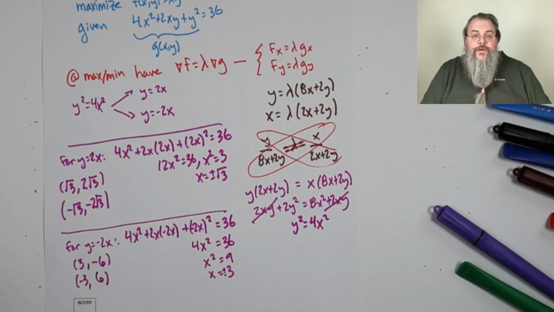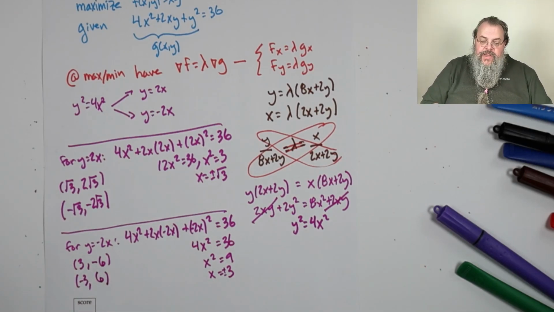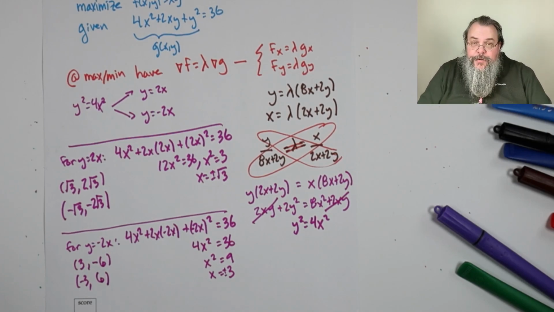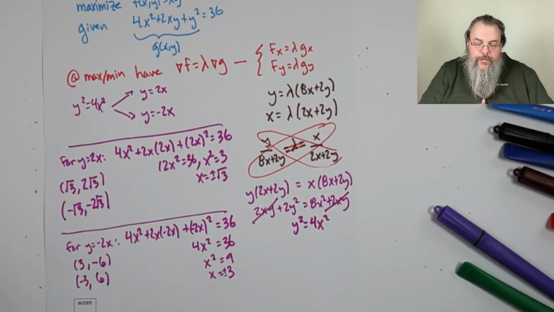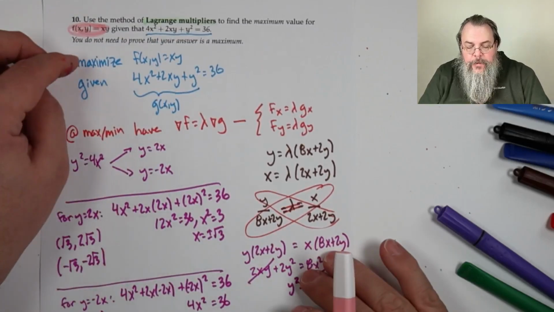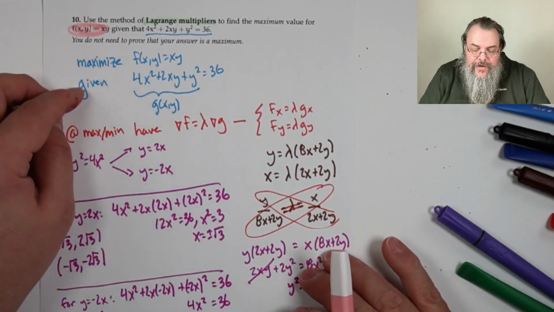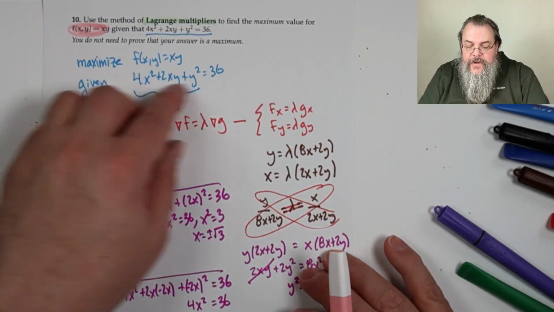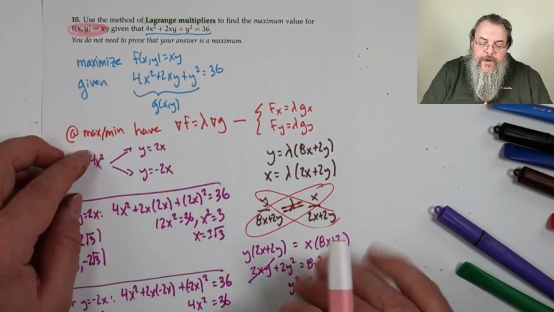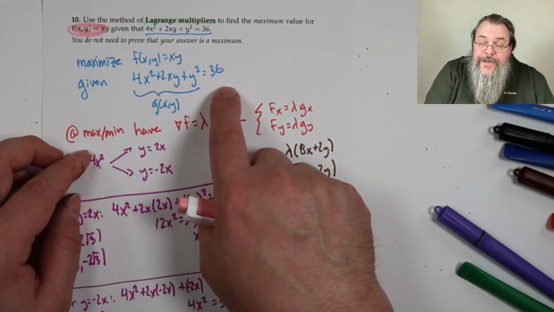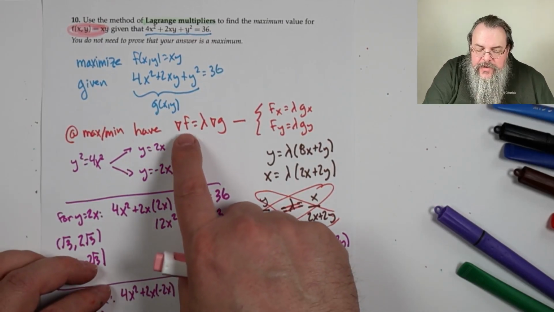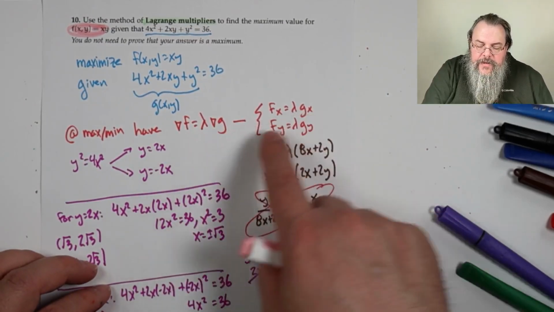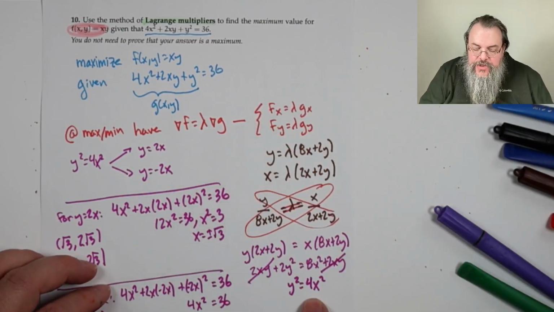All right, so what's the punchline? We're almost there. The end is near. What we've done is we had what we're trying to maximize given our constraint. Constraint looks like function equals number. We said, well, that's just one equation. We really need a second equation, and that's where saying the gradient equals lambda the gradient gives us a new relationship.